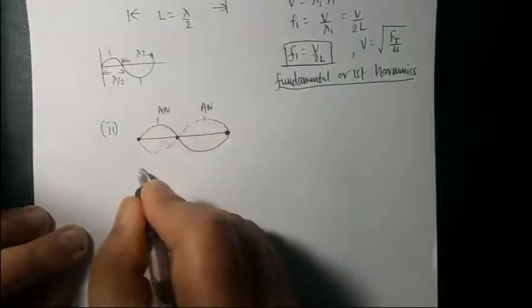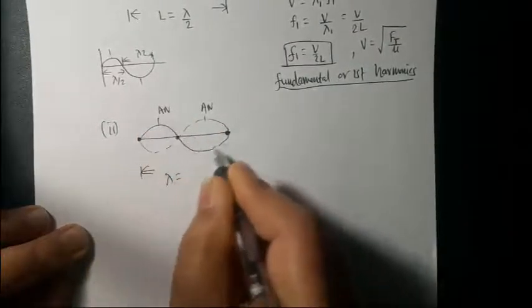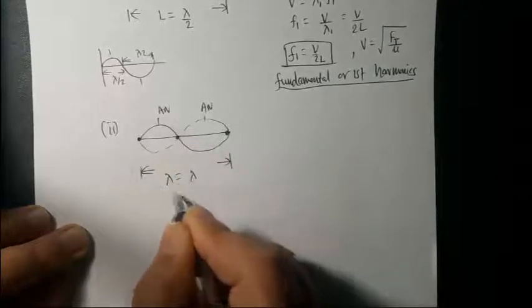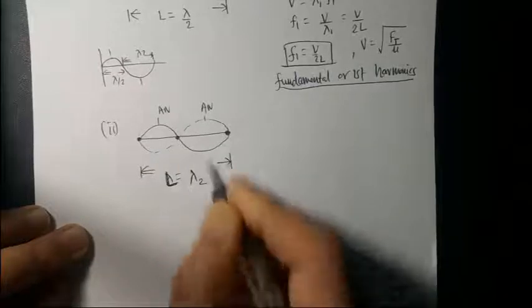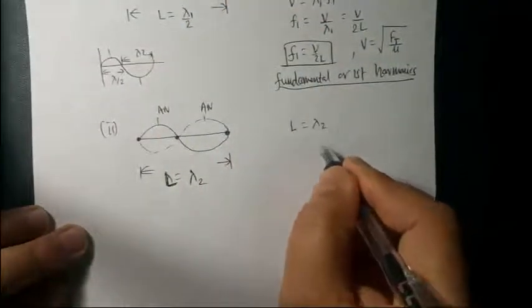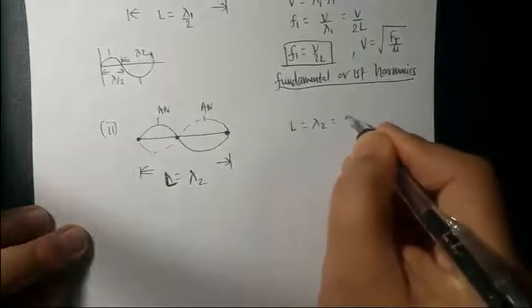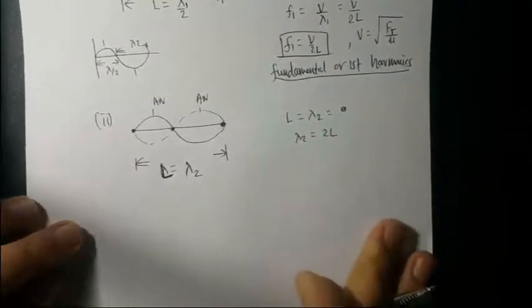In terms of wavelength, it's a full wave like this. The length has to match this condition, so L is lambda 2, and this can be written as lambda 2 is twice L?